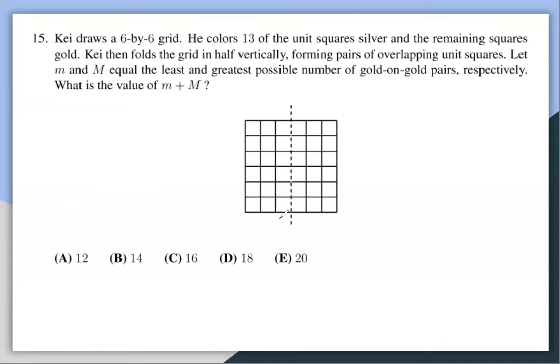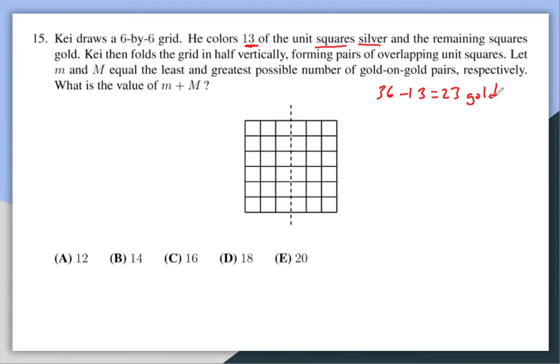Okay, so number 15. The key draws a 6 by 6 grid, and he colors 13 of the unit squares silver. Okay, let me underline this. 13 unit squares are silver, and the remaining are gold. Since this is 36 in total, that means 23 have to be gold.